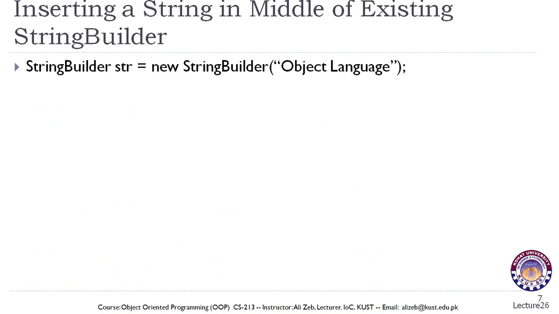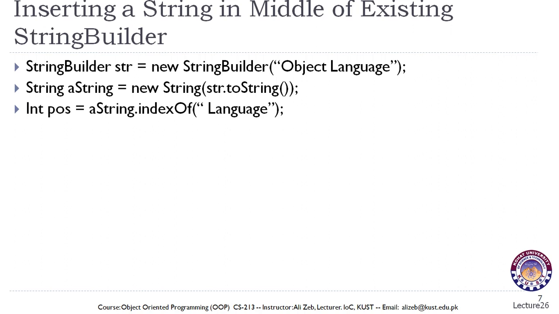We can insert a string in the middle of an existing string builder. So if you are given an object of the string builder, for example in this case a string builder object with a value, we may convert it to a string using the toString function and read the position of, let's say, this place into an integer variable.